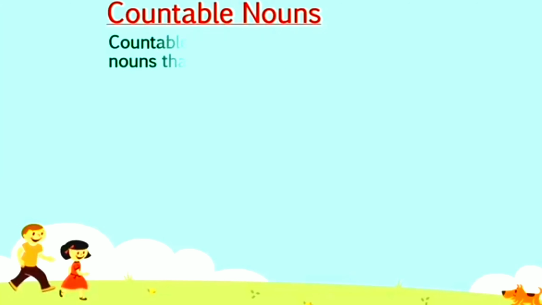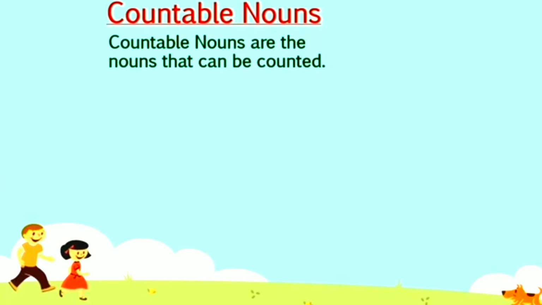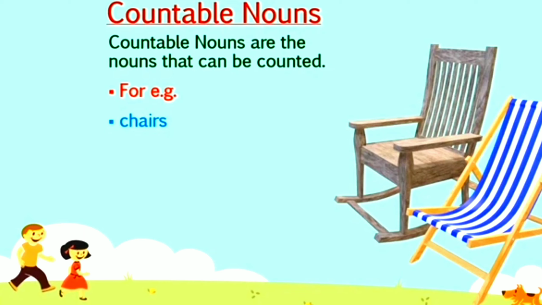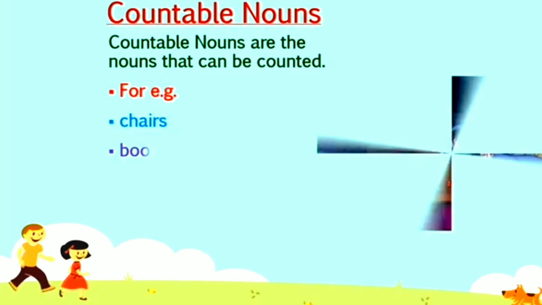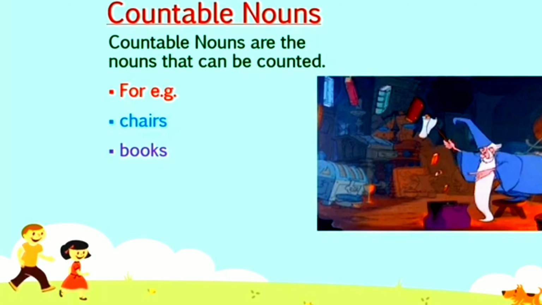Now, what is a countable noun? A countable noun is a noun that can be counted. For example, you can see two chairs. Books.